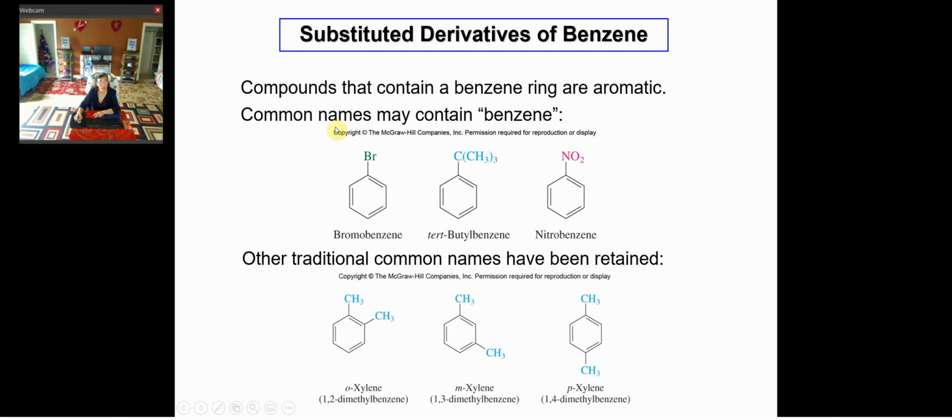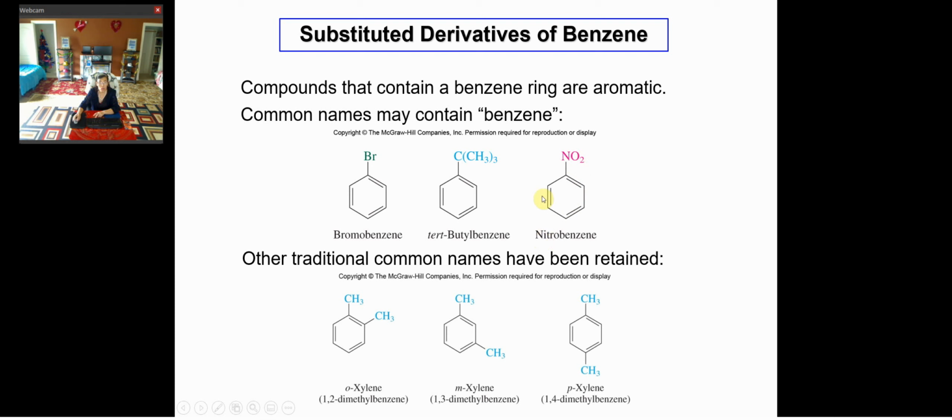The compound names end with benzene. So for example, the first one, you have a Br replacing your hydrogen, you call it bromobenzene. You have a tert-butyl replacing a hydrogen, you call it tert-butylbenzene. Similarly, you have NO2, which is called nitro, you call this molecule nitrobenzene.